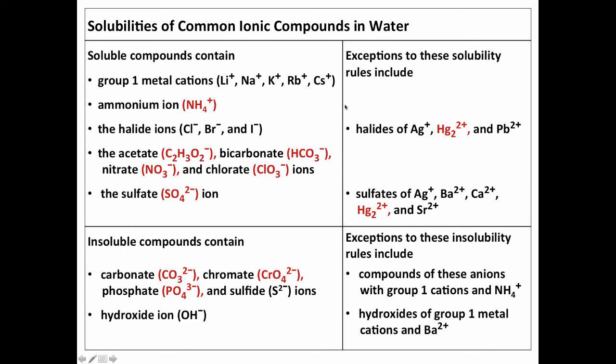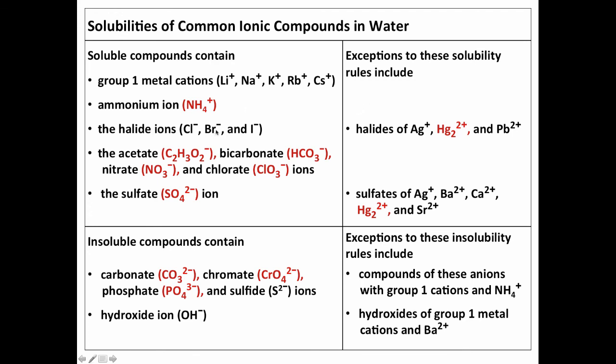Note these are solubility rules specifically for ionic compounds dissolved in water, and generally speaking, we'll just go through them kind of quickly. Cations of the alkali metals, lithium, sodium, etc., are soluble without exceptions. Ammonium ion in a compound is going to be soluble, no exceptions that we're going to note at least.